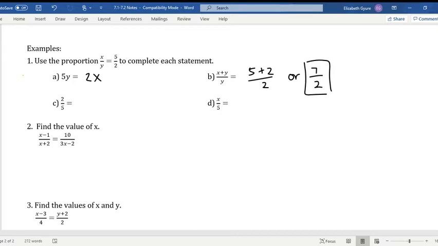Good. If I change this to 2 over 5, what would be equivalent on the other side? What do we think? 2 to 5, what would be equivalent on the other side?